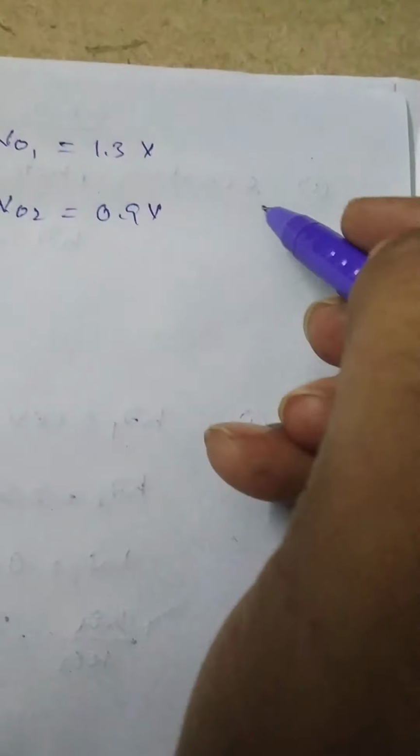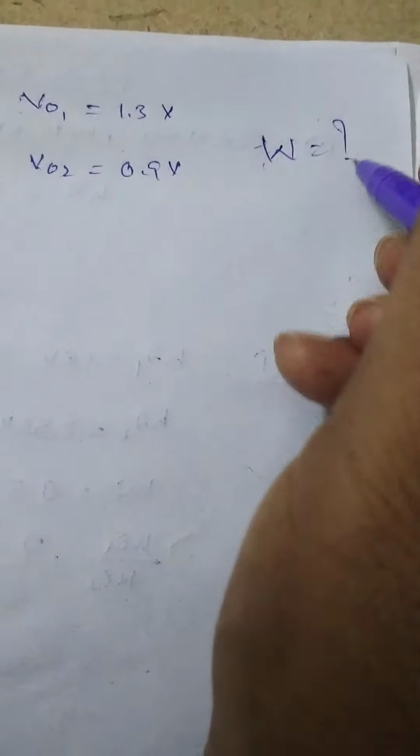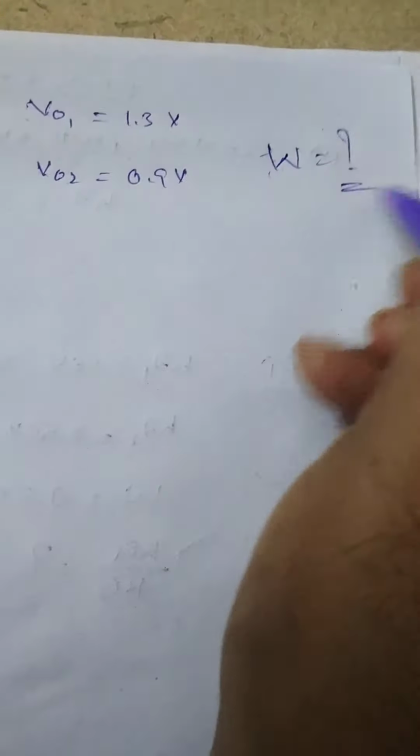Find the value of the work function of the photometal. Given lambda 1 4000 angstrom units, lambda 2 is equal to 4500 angstrom units. These are made to be incident at stopping potentials V01 is equal to 1.3, V02 is equal to 0.9. Then what is the value of the work function of the surface? So let us find out.